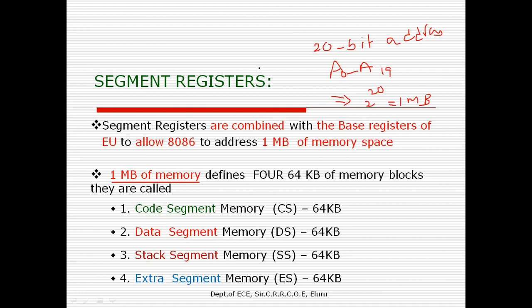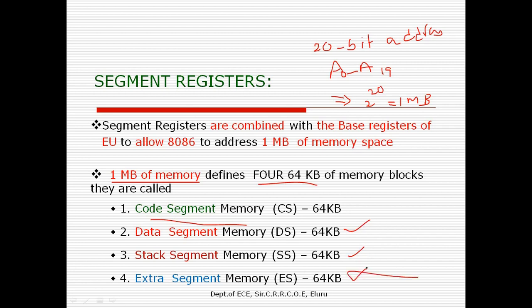Within that 1 MB of the memory space, the 8086 defines 4 blocks of 64 kilobytes of memory called code segment memory, data segment memory, stack segment memory, and extra segment memory.